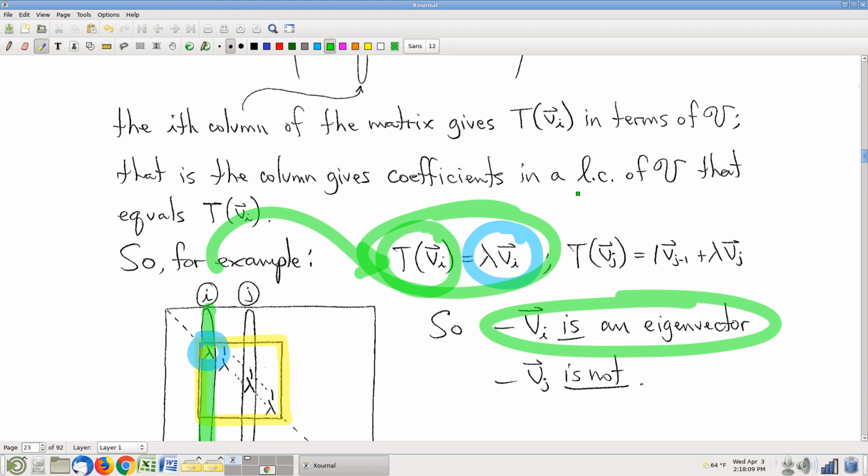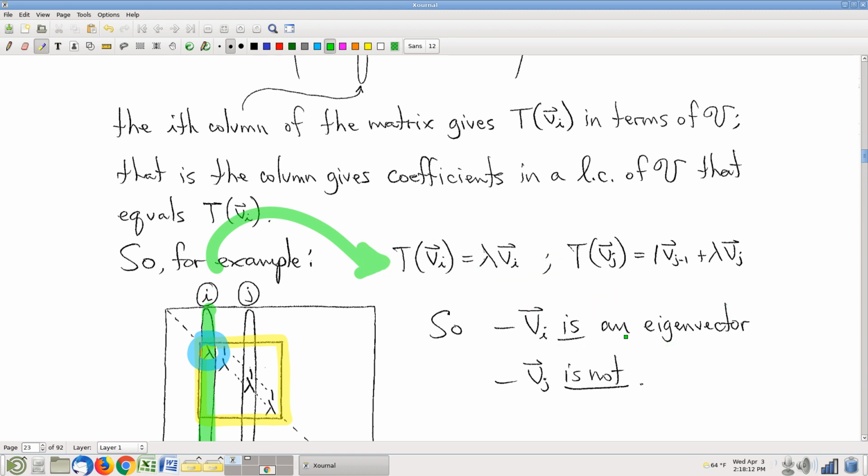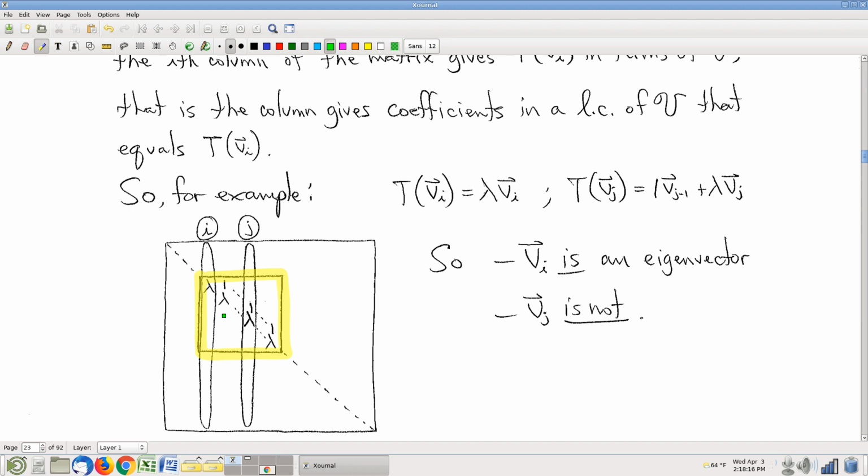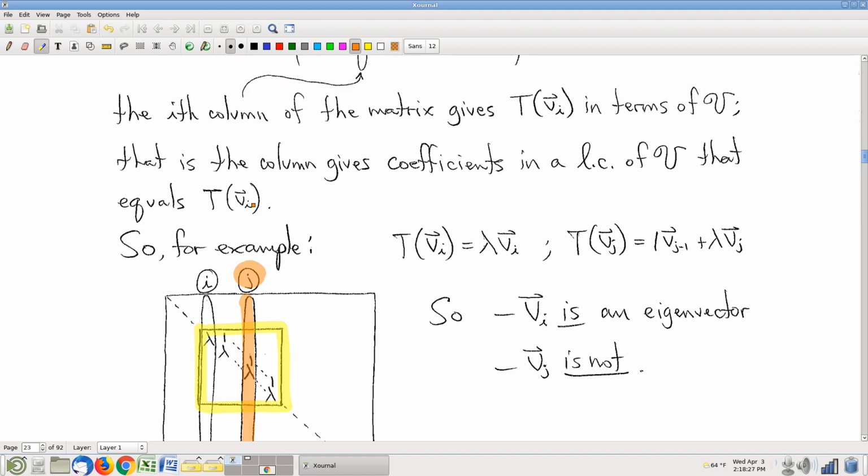Okay, let's look at this other example then. Let's look at one of these other columns. Let's take the jth column, not the first. Any other column that intersects with this basic Jordan block. Well, it's not the first column. That means the diagonal entry is not at the top. That means there is a spot immediately above it, which, this being a basic Jordan block, has to be 1.